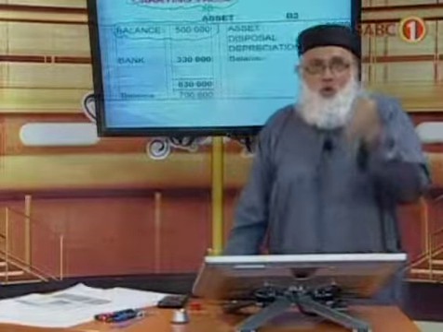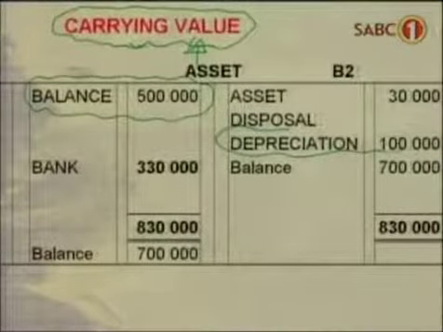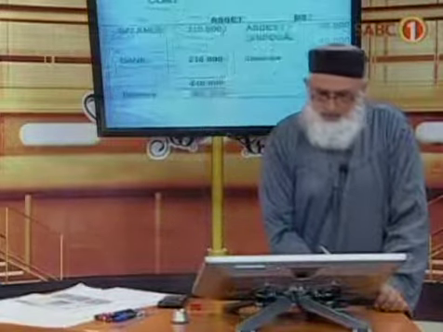And once you've calculated your depreciation, what's your entry? You debit depreciation and you credit the asset account. Look at the difference. This is where I want you to focus your attention now. Let me take you back to the other asset account.